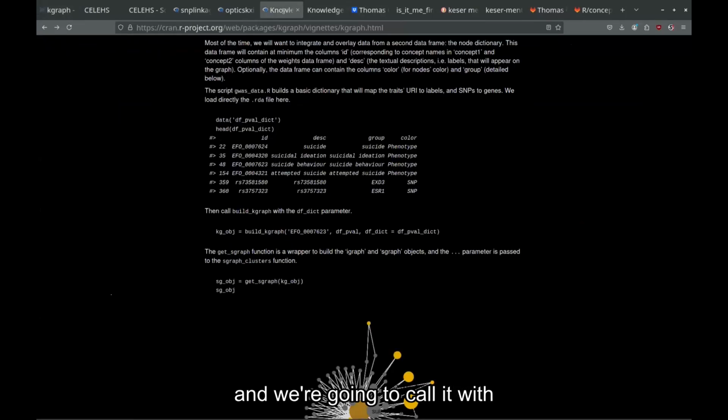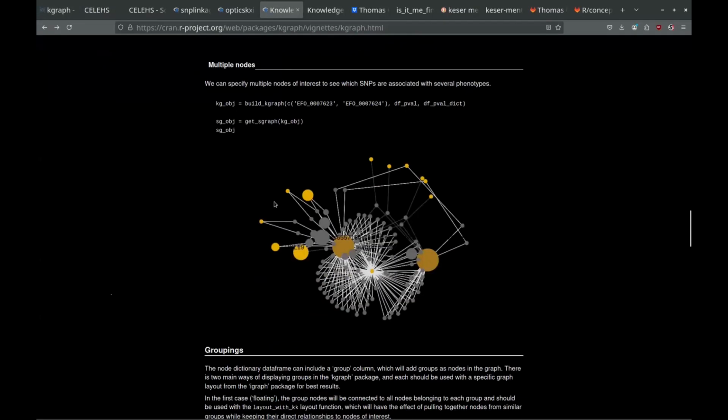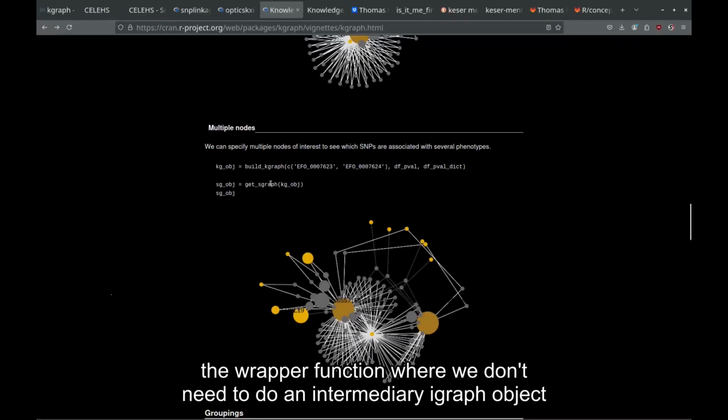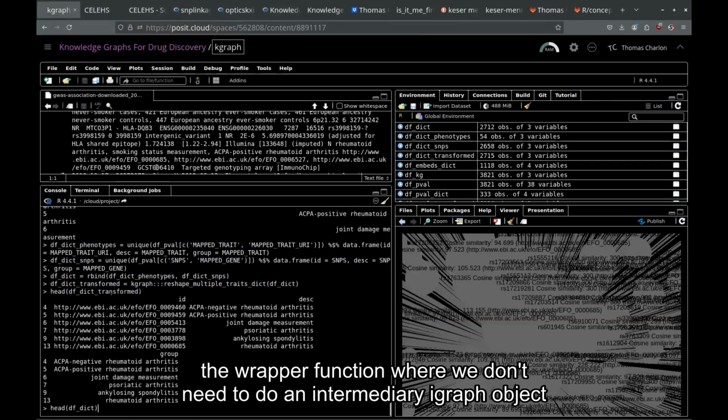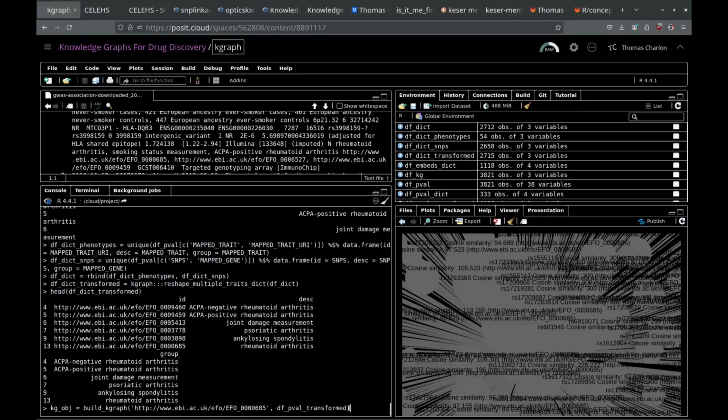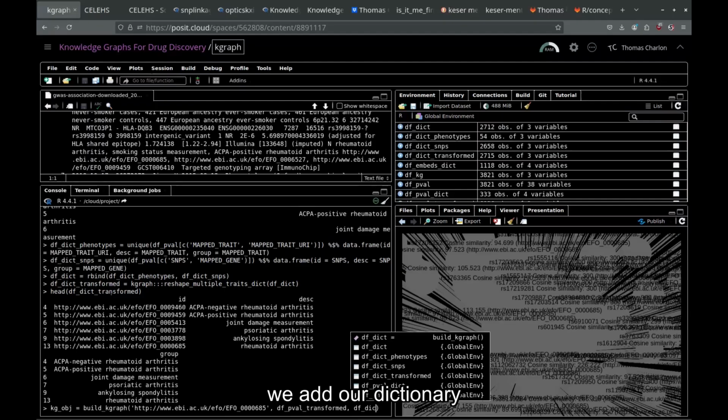And we're going to call it with the kgraph, the build kgraph. And this time I show the wrapper function where we don't need to do an intermediary iGraph object. We add our dictionary.